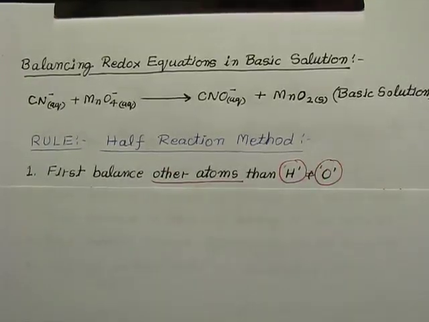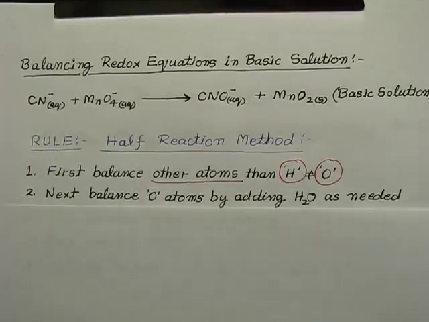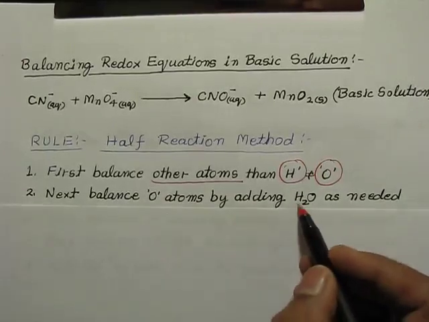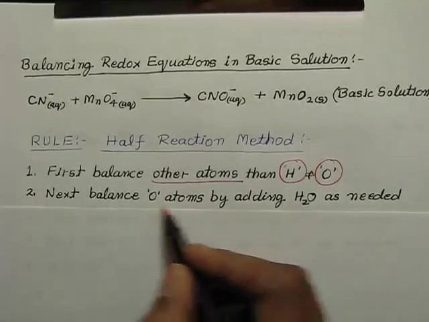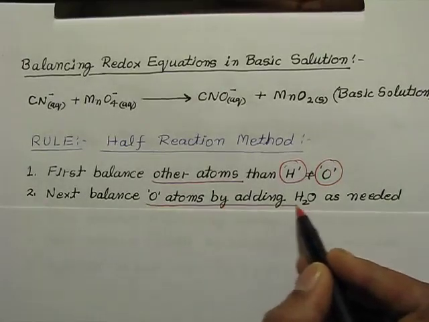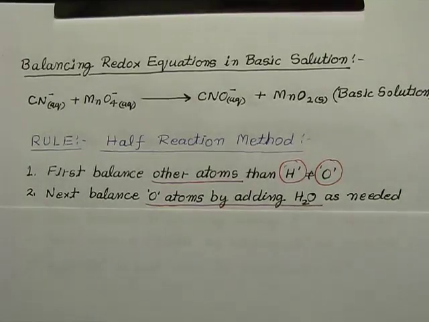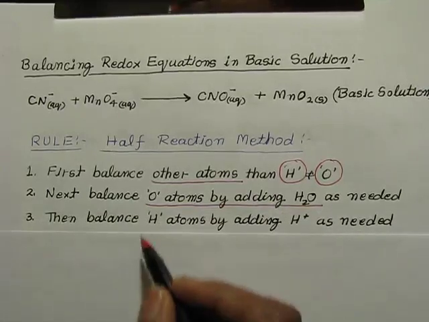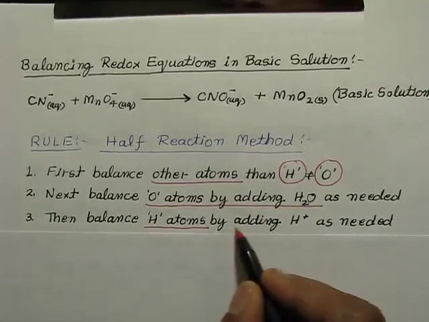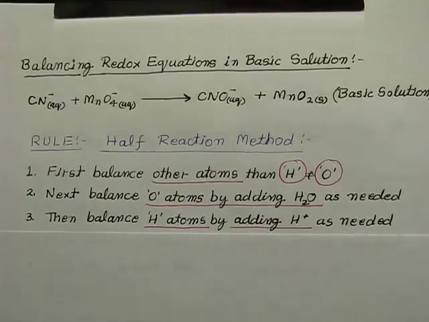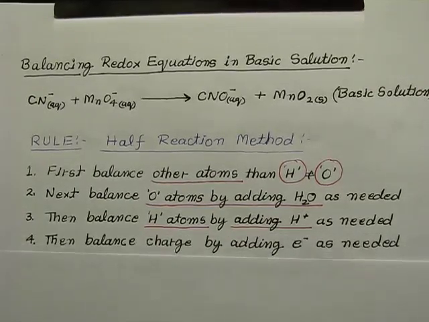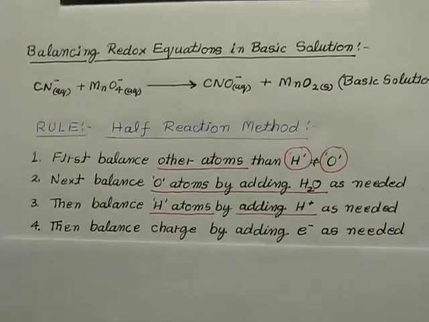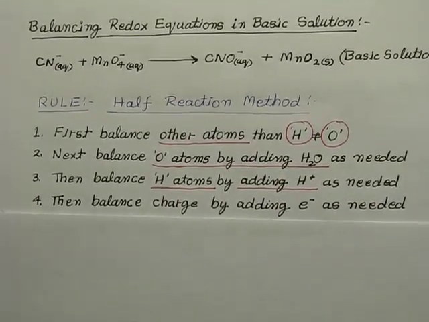Third is to balance oxygen atoms by adding water molecules as needed. Then we have to balance hydrogen atoms by adding hydrogen ions, and then we have to balance electrons as required.